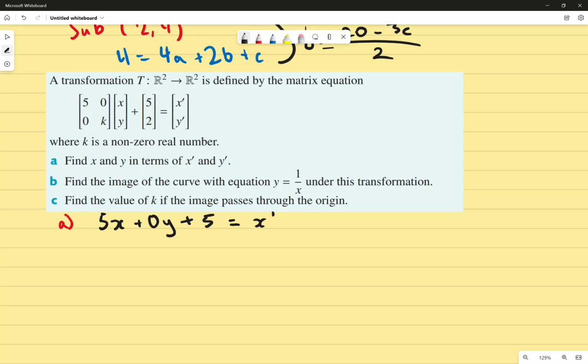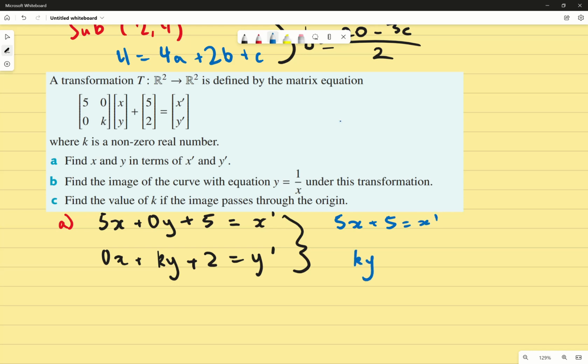And then we also have 0x plus ky plus 2 equals y dash, which of course simplifies to 5x plus 5 equals x dash, and we also have ky plus 2 equals y dash.